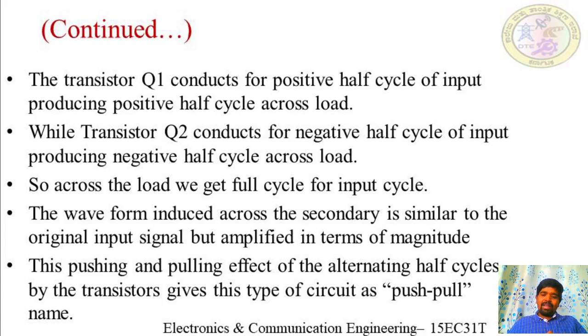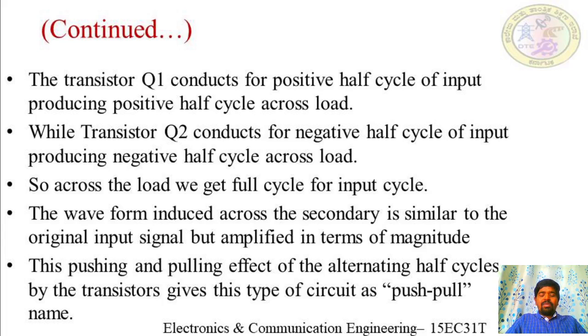During the negative half cycle the other transistor will conduct and the remaining transistor will be off. So in each half cycle one transistor is conducting. So that's why at the load we will get a complete full cycle of the input signal. That's what they mention.